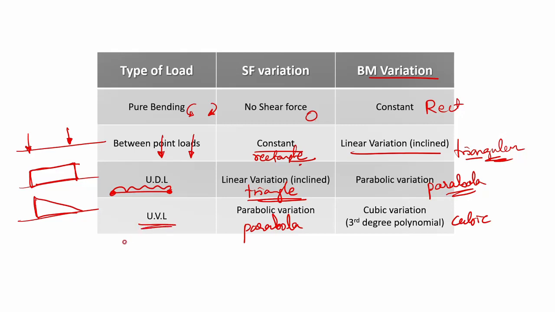Between UVL, the shear force is a parabolic variation and the bending moment is a cubic variation, right? The exact meaning I will teach you when I consider problems, right?